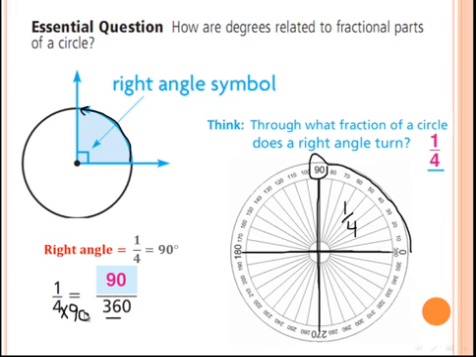So 4 multiplied by 90 equals 360. When you multiply down by 90, you should multiply up by 90 also. Now I got the degrees, or the measure, of 1/4.